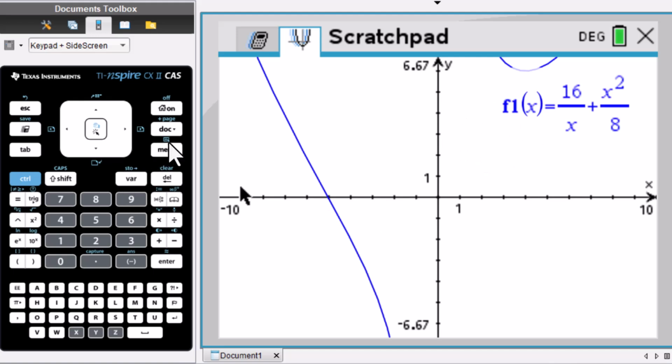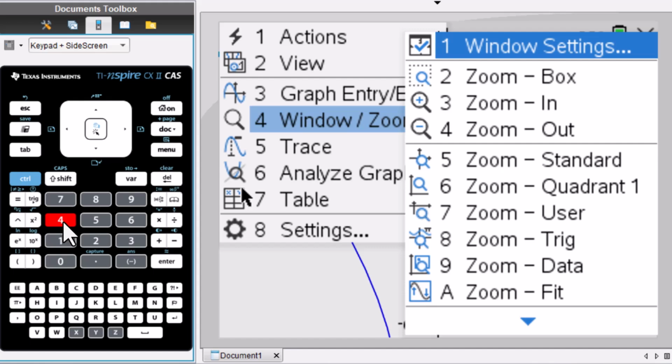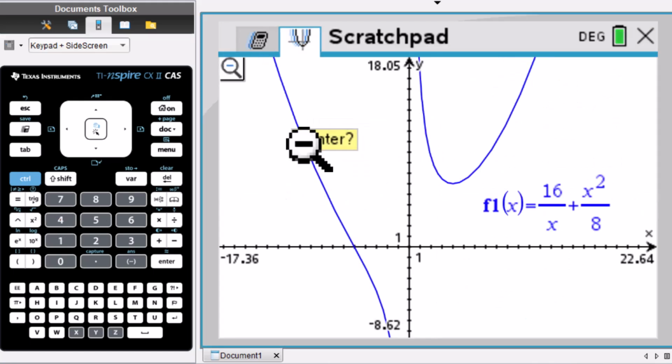It's not clear, so go to menu. Go to 4. Zoom out. You could see this graph is going down. Don't forget y-axis is asymptote line. We need to figure out this minimum value.